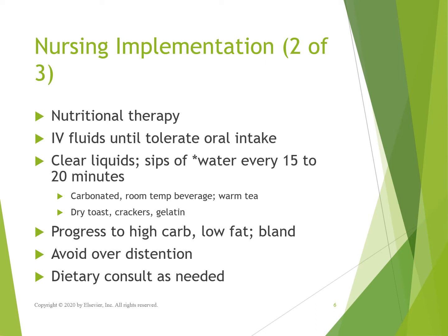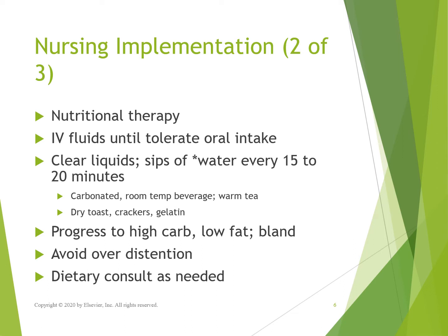Nutritional therapy includes, as we discussed, the IV fluids, especially if they're unable to tolerate oral intake. If they can tolerate oral intake, we want to encourage just small sips of water about every 15 to 20 minutes.